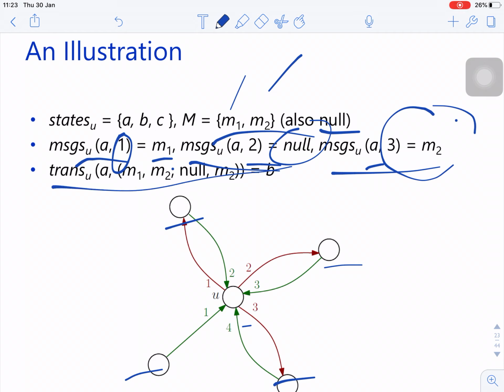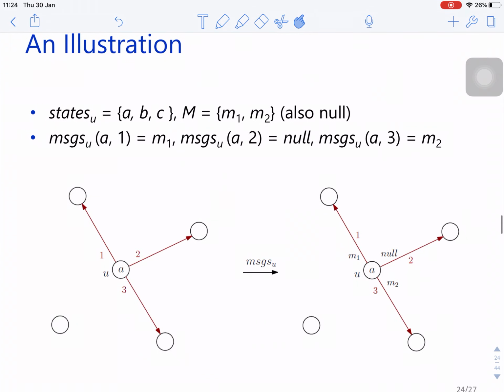And we define a transition function, which means that if a node is in status A and it has received the message 1 from the first neighbor, message 2 from the second neighbor, no from the third neighbor, and M2 from the last neighbor, the fourth neighbor, we are going to transition from state A to state B. So the illustration is as follows.